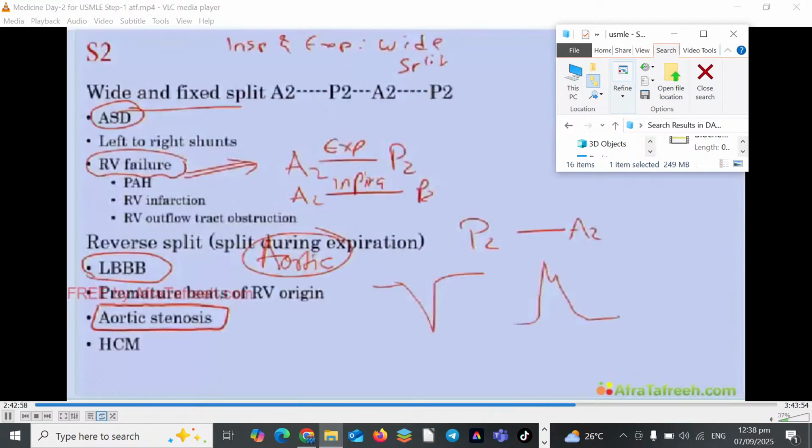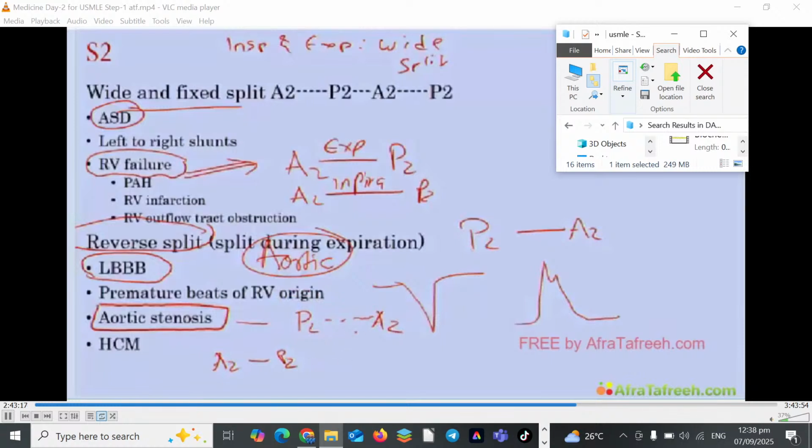So a single second heart sound can have a reverse split, right? With a reverse split, P2 goes behind A2, or you can have a single heart sound. So first A2 and P2 are different.